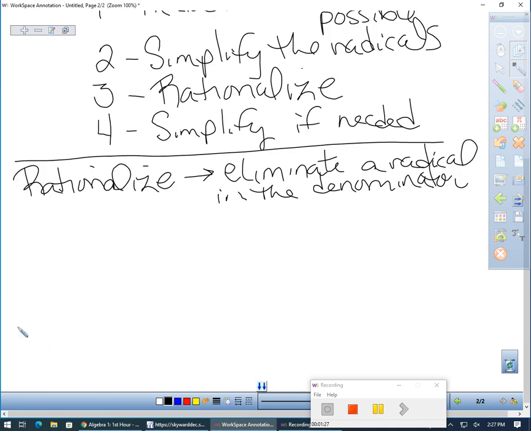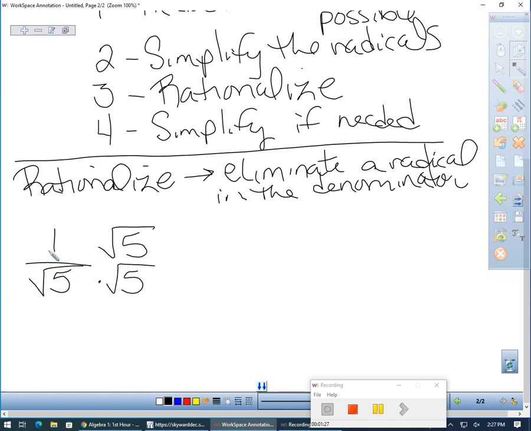All right, so for example, what I know you have done before is if you have 1 over the square root of 5, we cannot have a square root of 5 in the denominator. So what did we do to get rid of it? We have to multiply by the square root of 5. And whatever you do to the bottom, you got to do to the top.